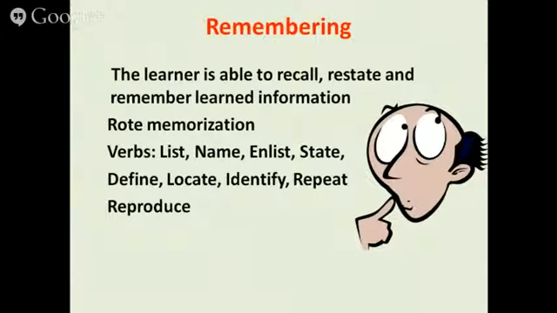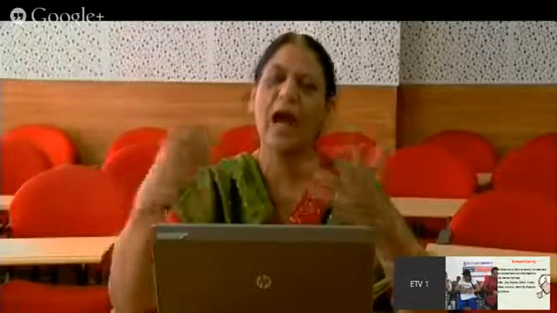Then identify. So I say identify the induction motor in the given diagram. If I have given different machines and equipments and I say identify the induction motor, the person can simply identify that.